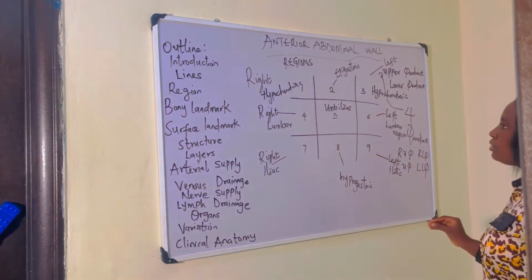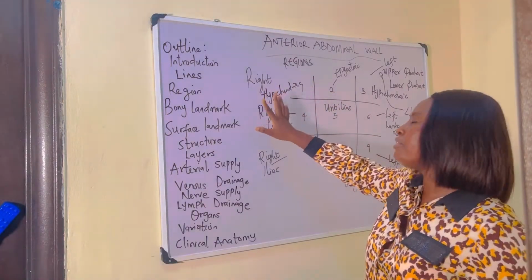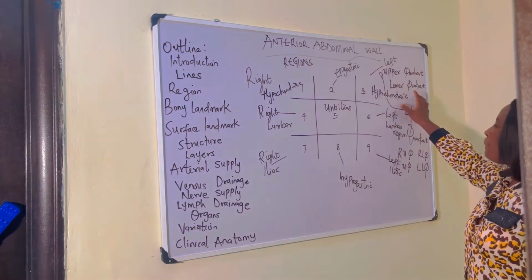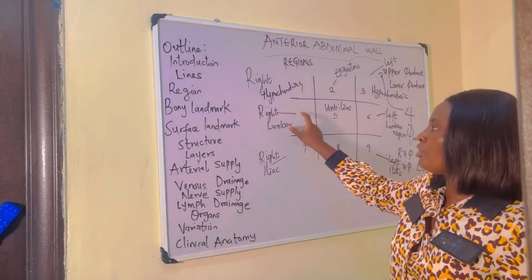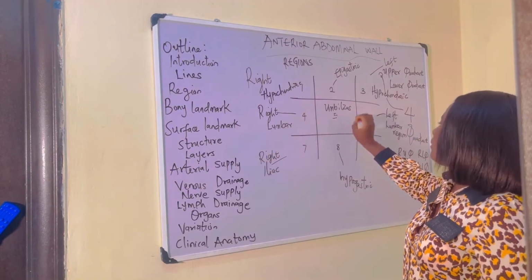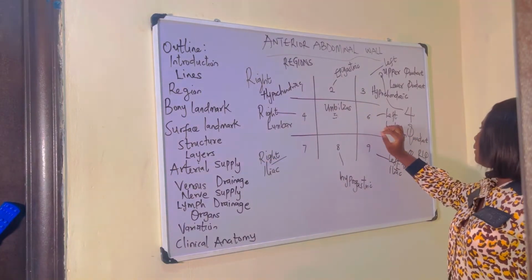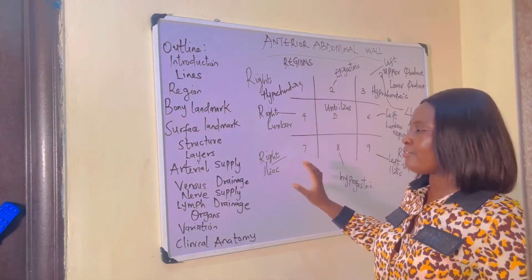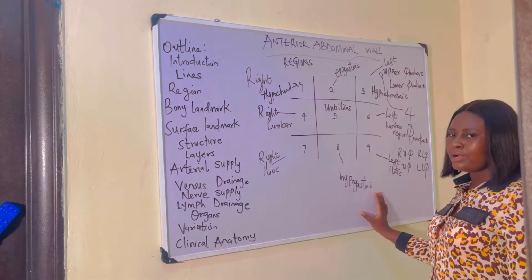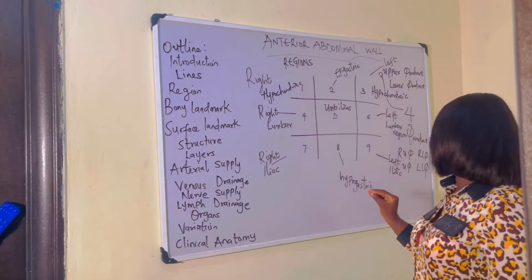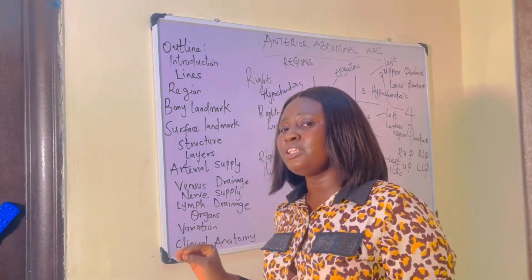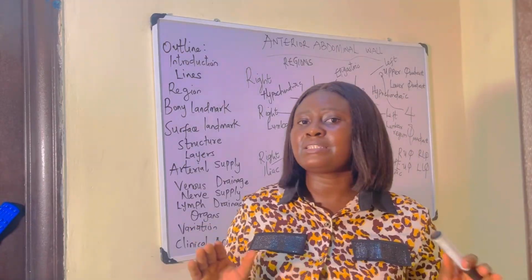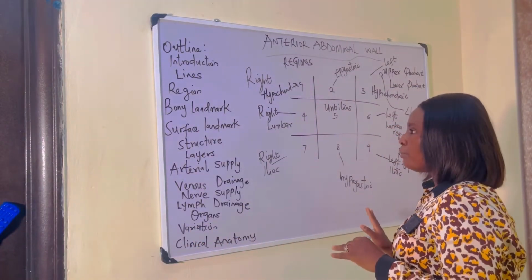So the 9 regions include: region number 1 is called the right hypochondriac region, region number 2 is called the epigastric region, region number 3 is called the left hypochondriac region, region number 4 is called the right lumbar region, region number 5 is called the umbilicus, region number 6 is called the left lumbar region, region number 7 is called the right iliac region, region number 8 is called the hypogastric region, and finally region number 9 is called the left iliac region. And I've said initially that this region determines the location of the visceral organs that we can see in the anterior abdominal wall.